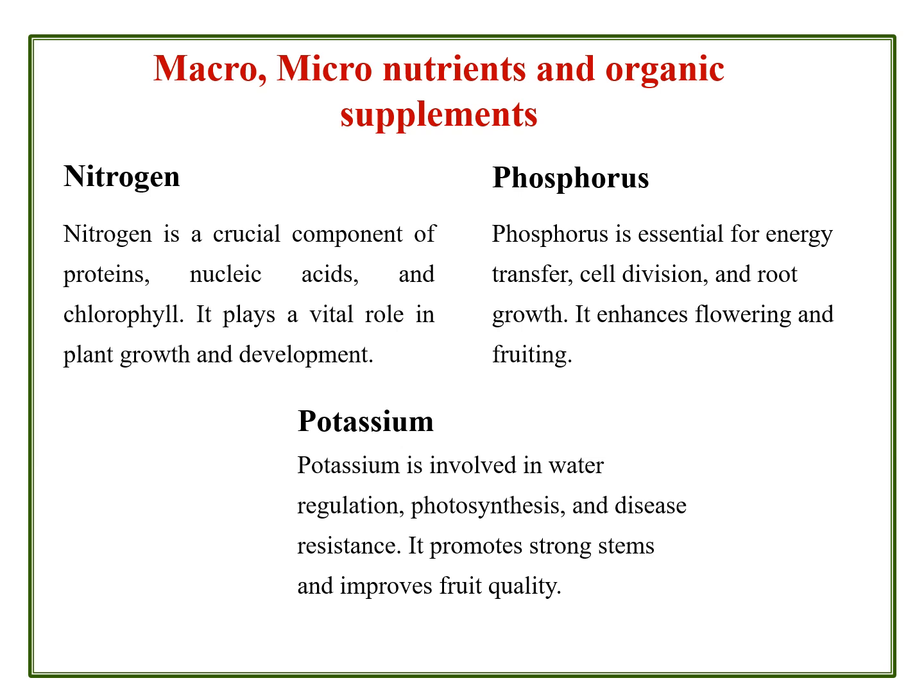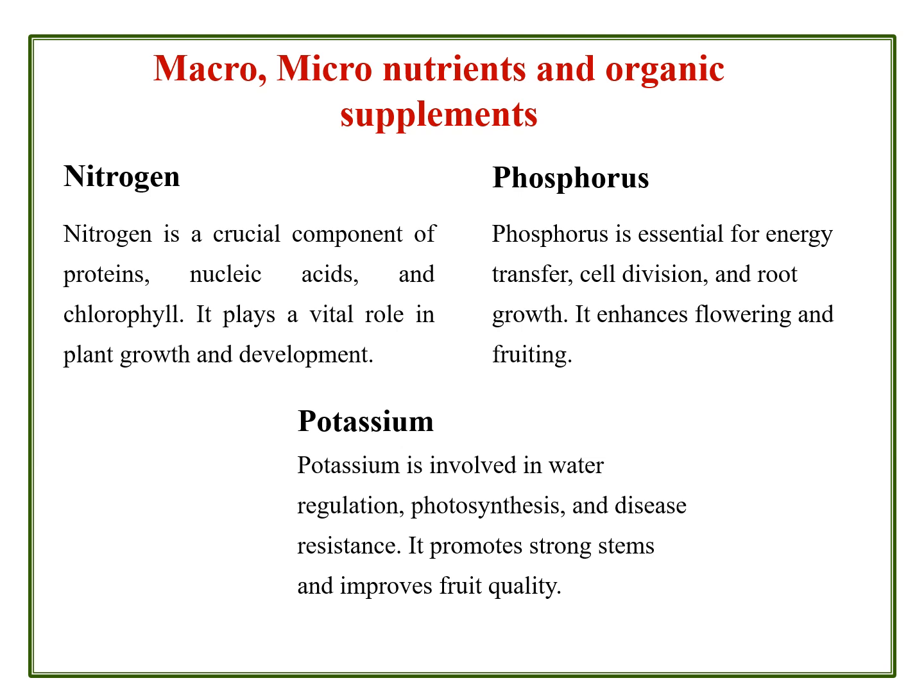Nitrogen is a crucial component of proteins, nucleic acids and chlorophyll. It plays a vital role in plant growth and development. Usually the proteins, nucleic acids and as well as the chlorophyll are the three basic macromolecules required very much in plant growth and development.